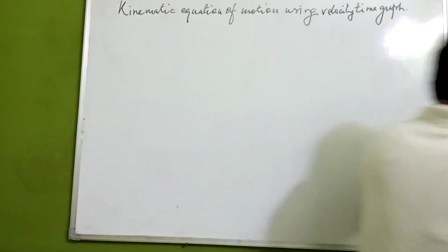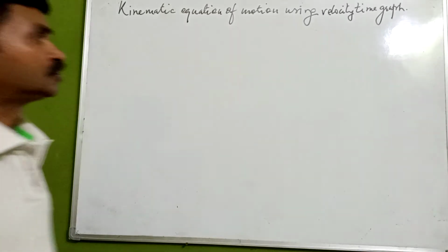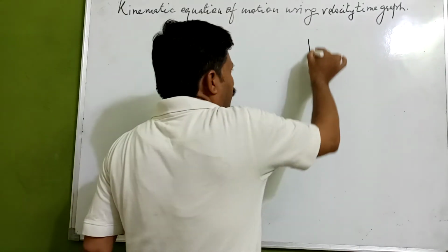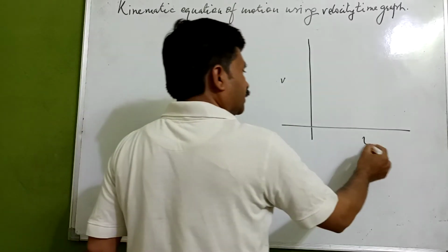Now if we go through the velocity time graph, first we are having this velocity and this time.